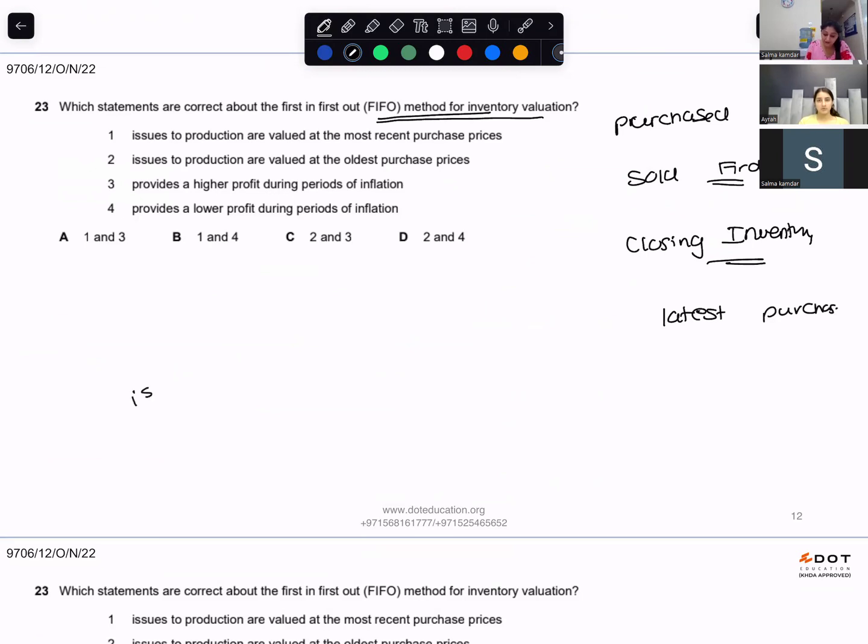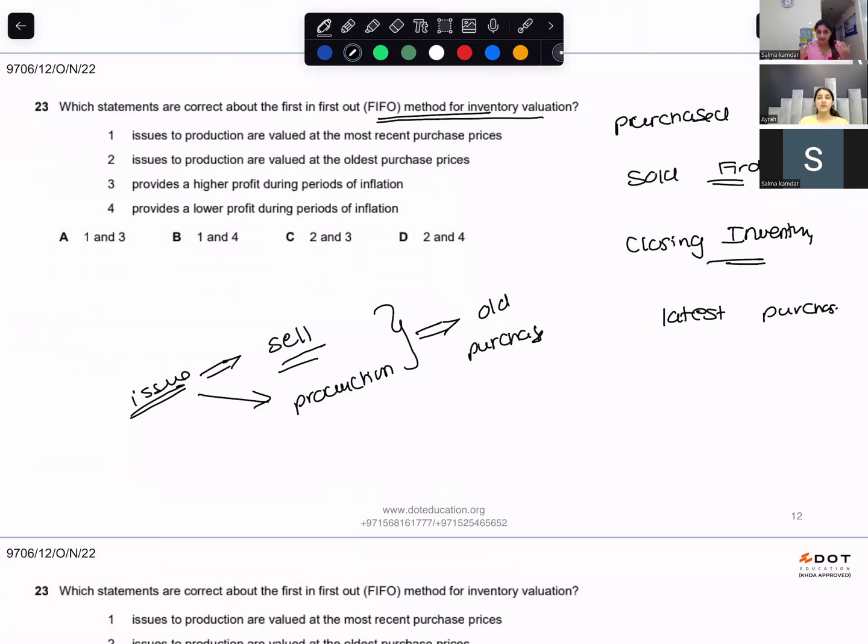And whatever I issue, that means I sell, or whatever I issue for production, would be from the old purchase. What I purchase first, I am selling first.